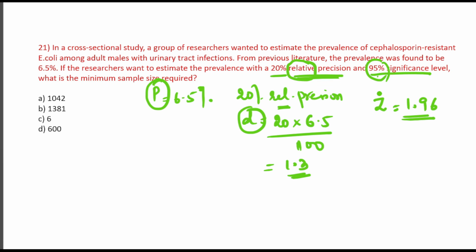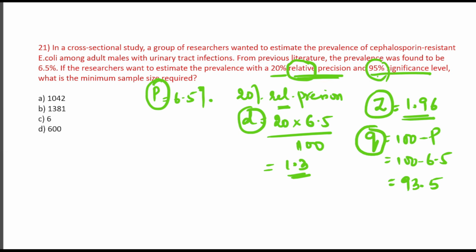So now you have Z, you have P, you have D, and what is left out? You want the Q value. What is Q? Q is equal to 100 minus P. So it is 100 minus 6.5, which is 93.5.